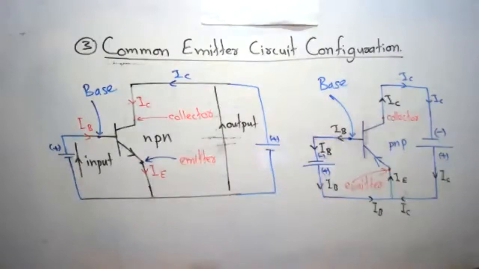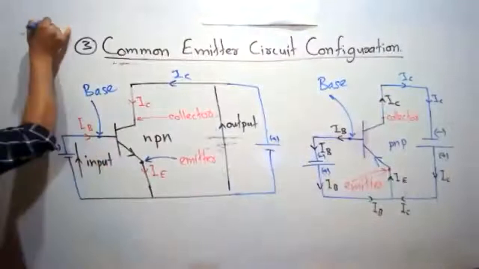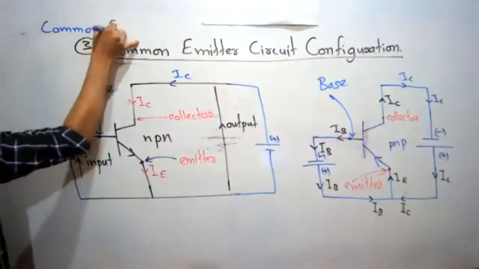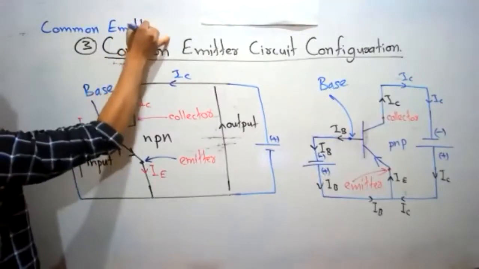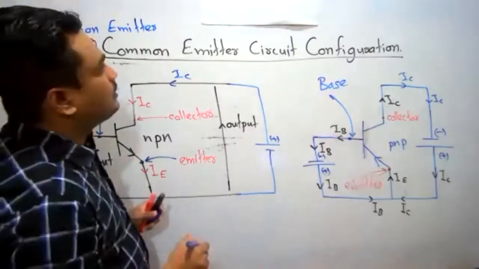Right. Now I'm going to go to a very important subheading. Look at board. Common emitter. How can I write the space?